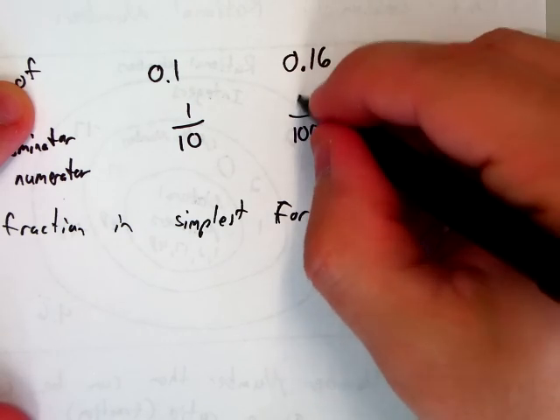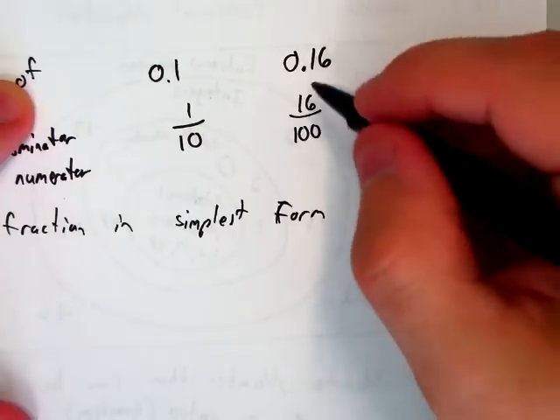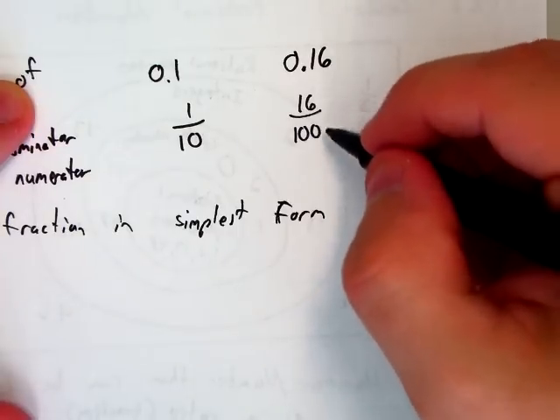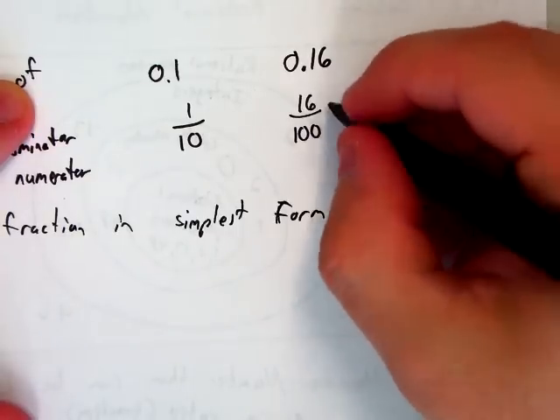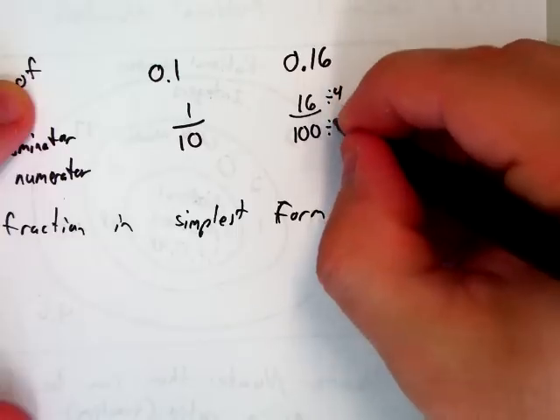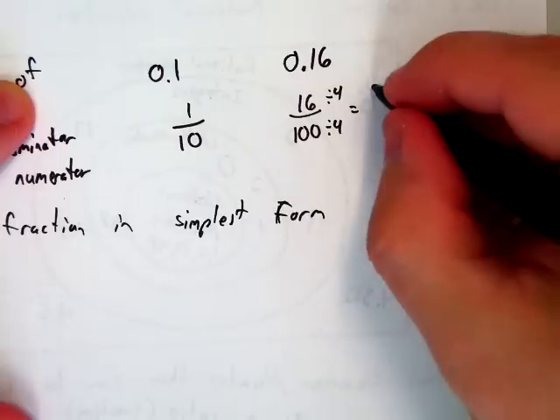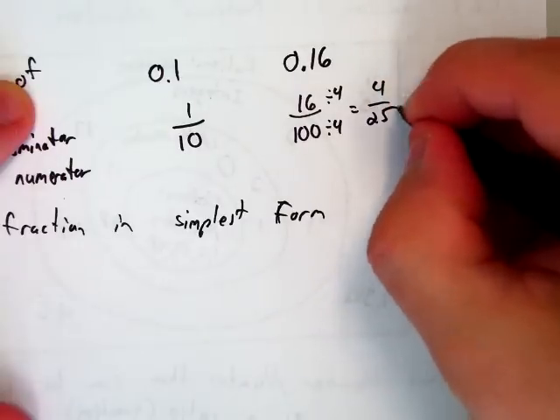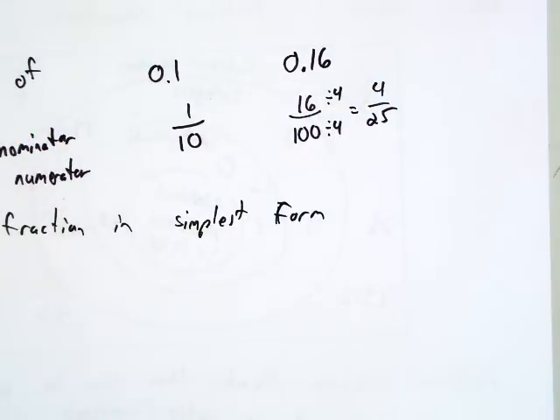The numerator would then be 16. Now, this fraction is not in simplest form, so I'd have to get it there. There's a common factor of 4 between 16 and 100. So I'd have to simplify that fraction, but that is how this one would be done.